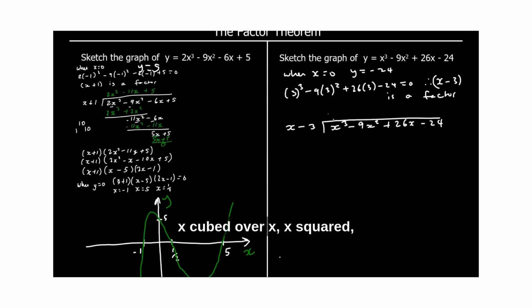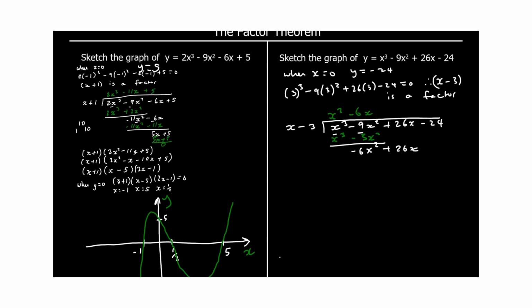x cubed over x is x squared. Times by x minus 3, take away. Negative 9 plus 3 is negative 6. Bring down the next term. Negative 6x squared over x is negative 6x. Times by x minus 3, take away.